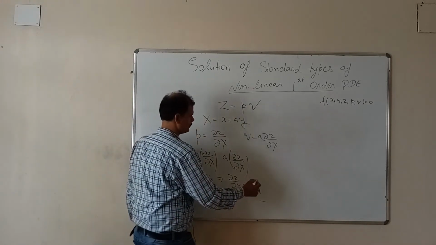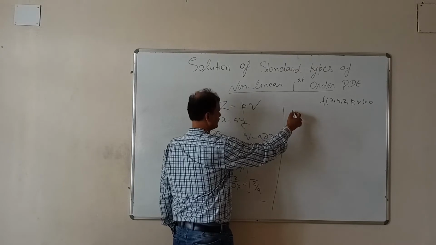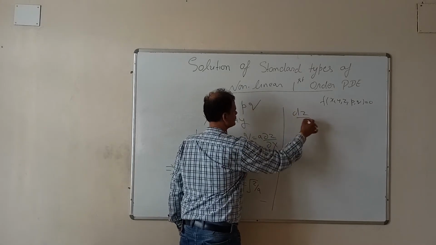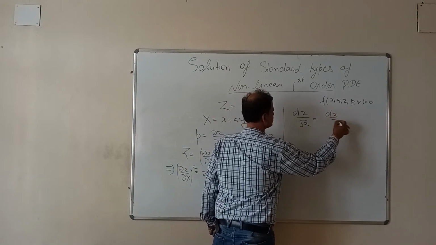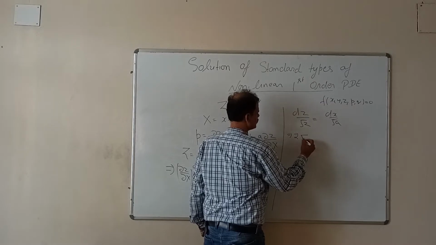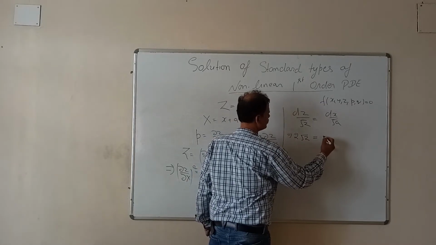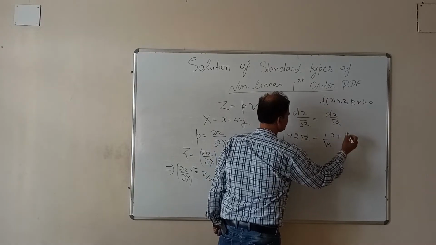Fine. Now what we can do? We can simplify. So we can get dz by root z equal to dx by root a. So this will be 2 root z equal to 1 upon root a x plus b.